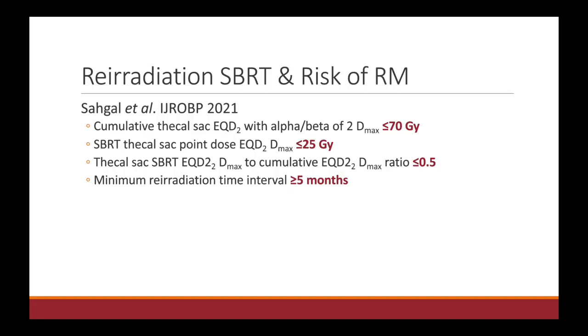In the setting of re-irradiation with stereotactic radiotherapy, Dr. Sahgal and his team came out with a paper in 2021 that shows some more flexible dose constraints if you are considering stereotactic radiation in the context of retreatment with radiation. I'm not going to read them all for you now, but they are here as a reference if you ever find yourself in this situation.